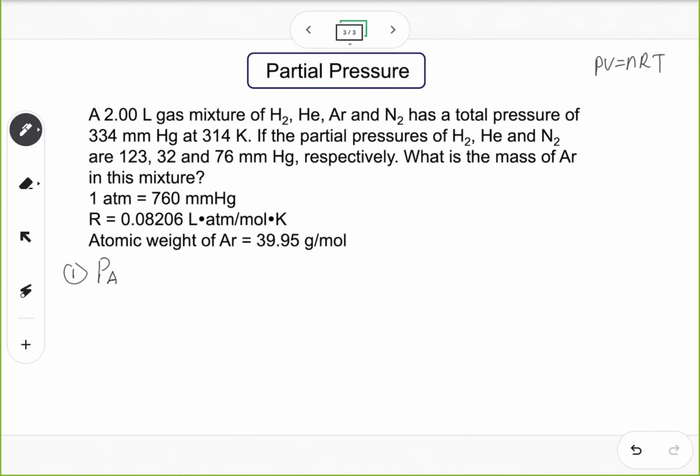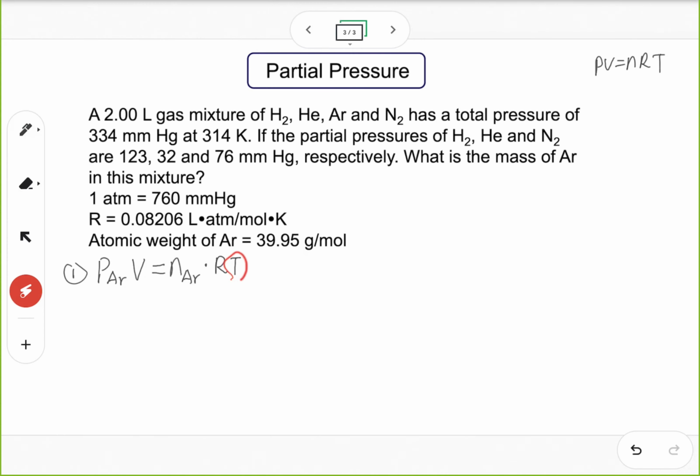Since argon is one of the gas components, and we treat this gas mixture as an ideal gas, we can use the ideal gas law for argon. That is going to be P argon times V equals N argon times RT. So our intermediate target, remember, is N argon. And once we find N argon, we should be able to convert that to mass. So how do we do it?